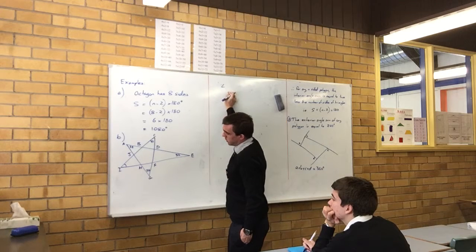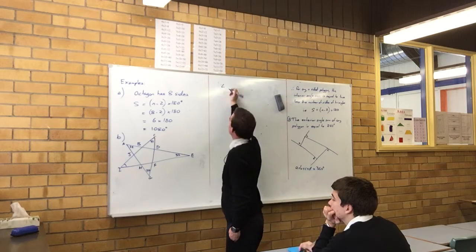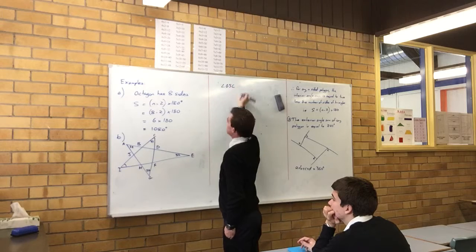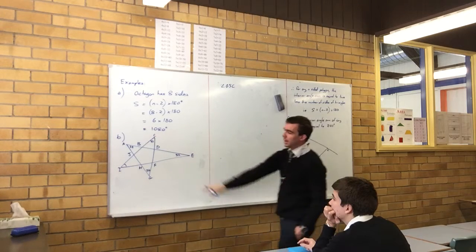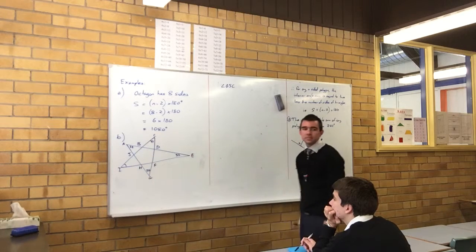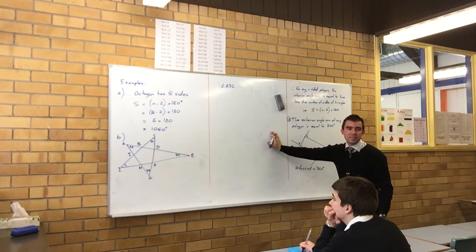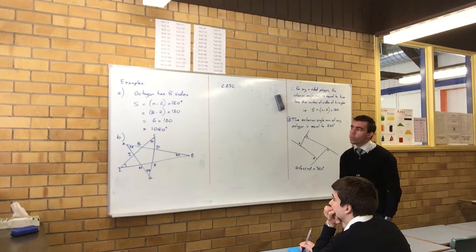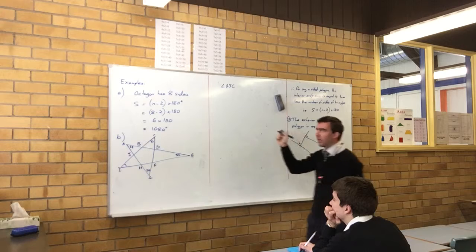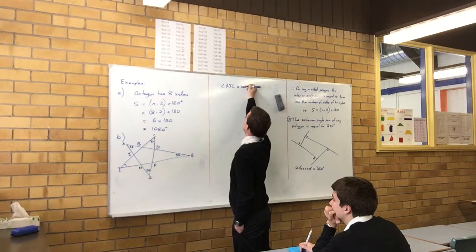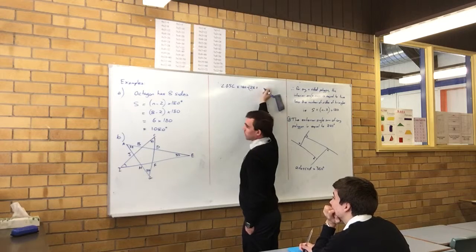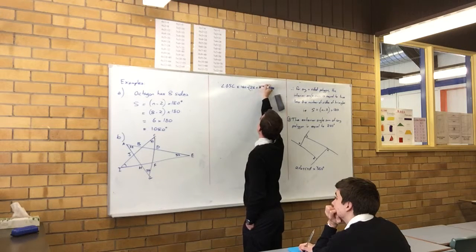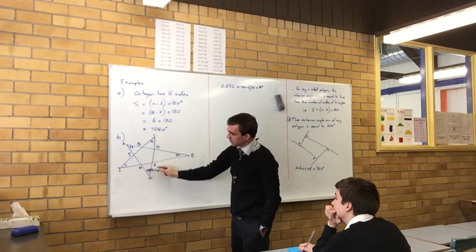Alright, angle GJC, this one here, is what? 180 take away 26 plus 37. Can anyone see the triangle?